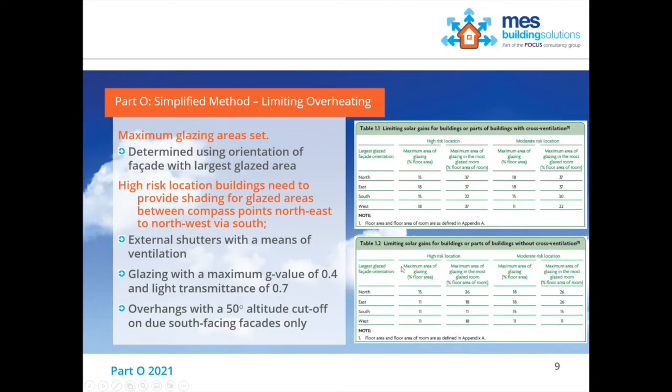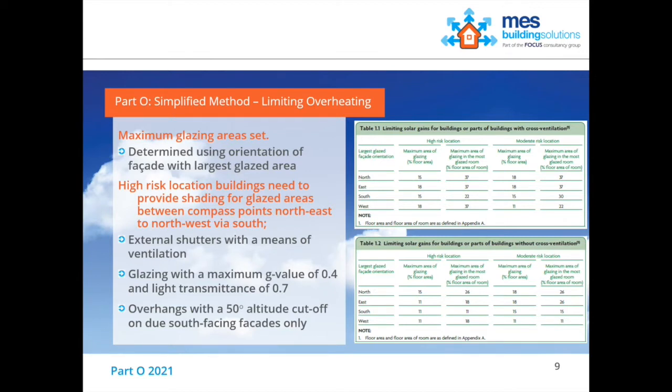But as I say, this does give you quite a restrictive approach to the fenestration design of a building, because it is very, very concerned with restricting the amount of glazing. As we'll come on to when we have a look at a couple of case studies, this actually feels more onerous than it potentially is for the glazing, and we'll see why I say that in a bit.